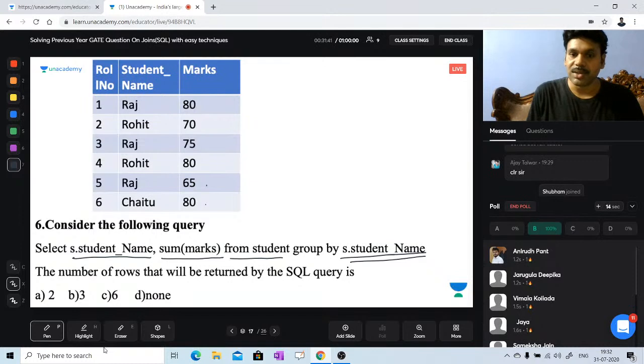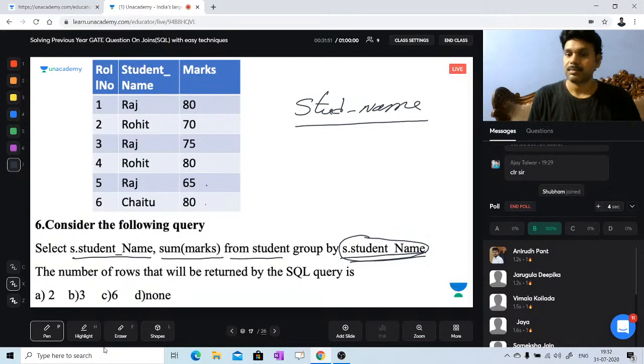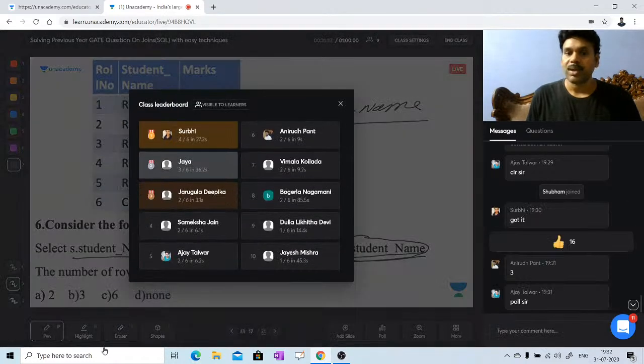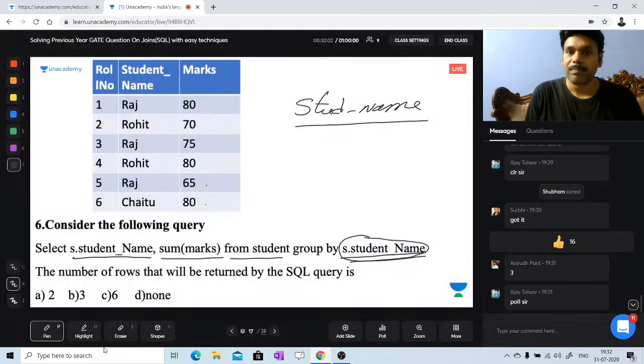So we get answers as we are doing group by student dot student name, so we need to write student name. Anyhow, let me check all your answers. Maybe all of you did excellent, correct. So this is your scoreboard, right? Any doubt here? No doubt now, so I'm moving on to the next question.